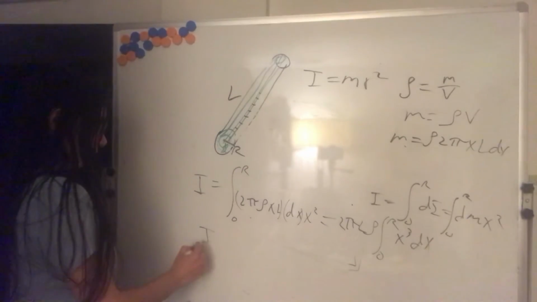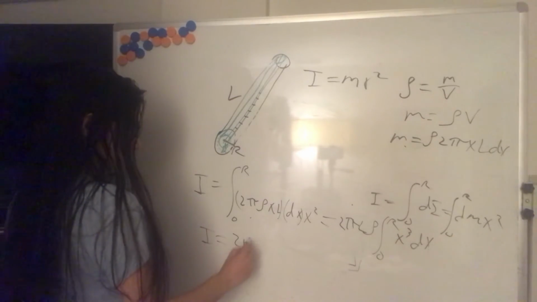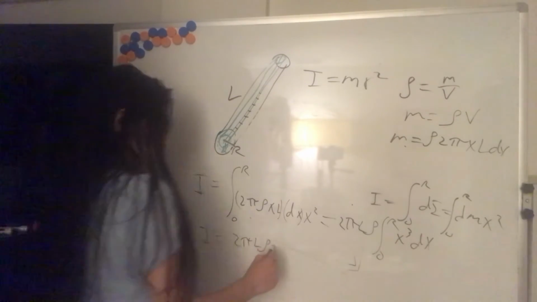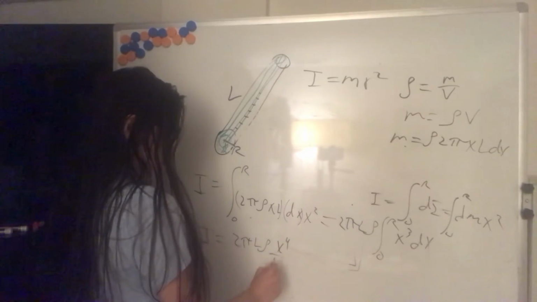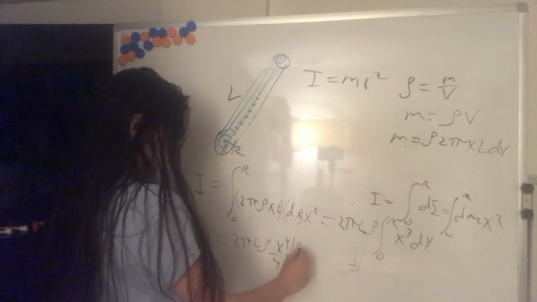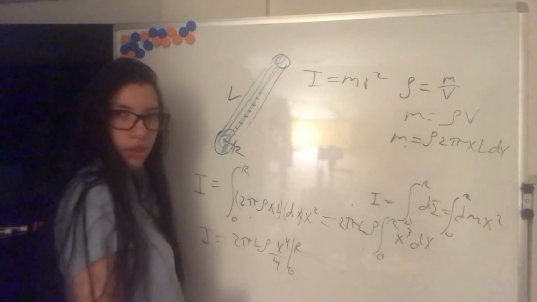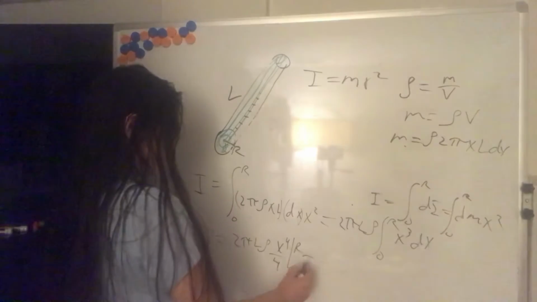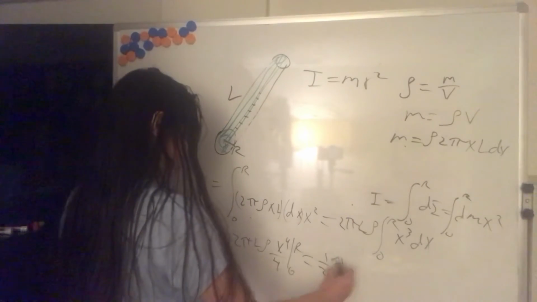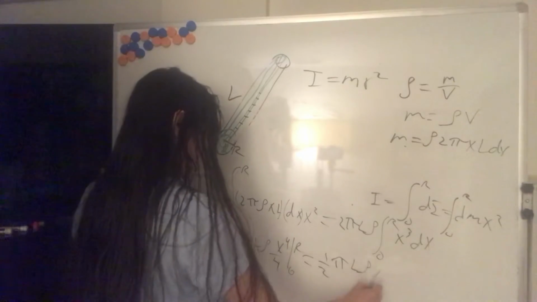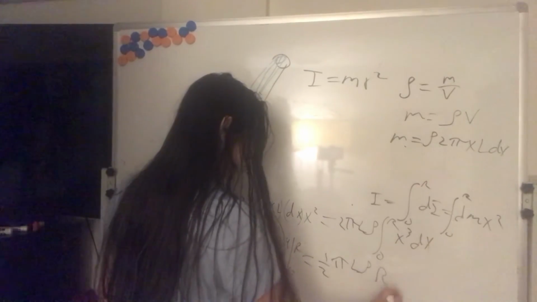So the moment of inertia would be 2 pi l rho times x to the 4th power over 4 evaluated from 0 to r. When x is 0, all this would be 0, so we use x equal to r, so it would be 1/2 of pi l rho times r to the fourth power.